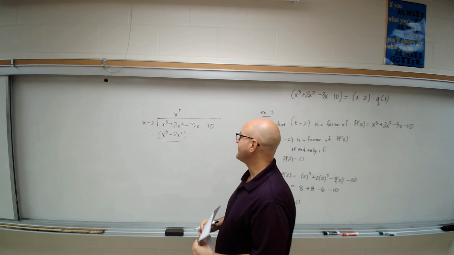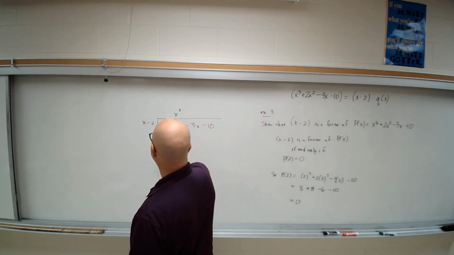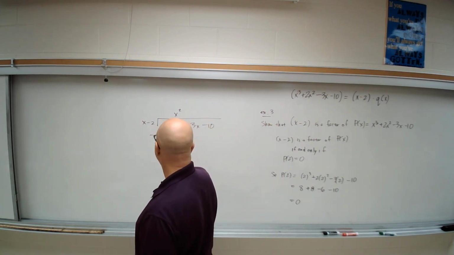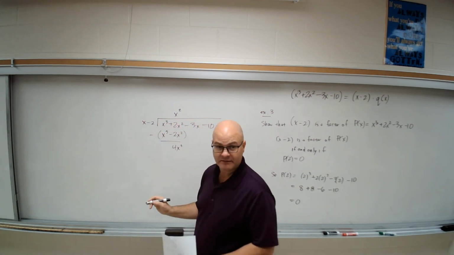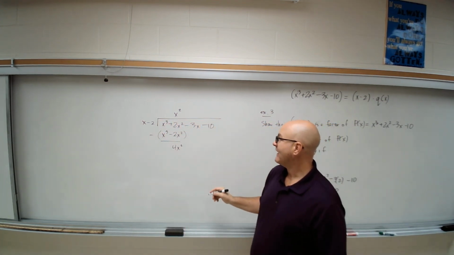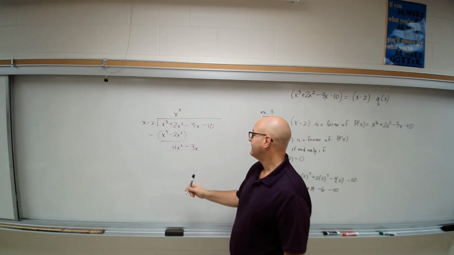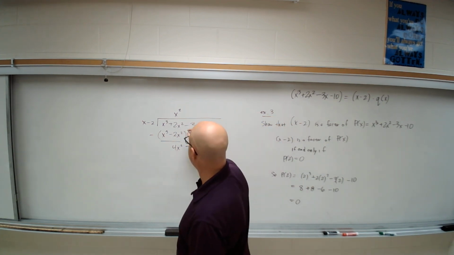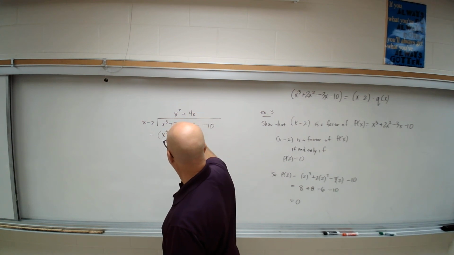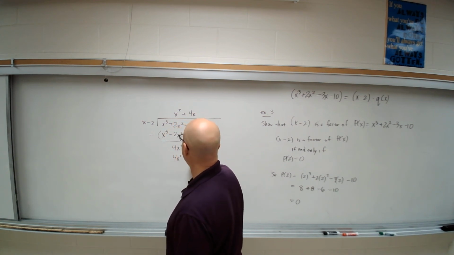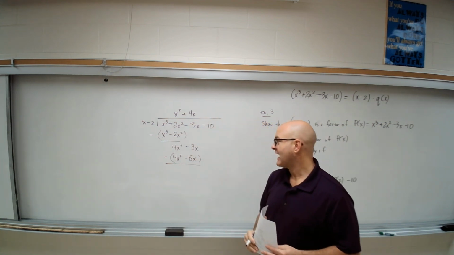So x cubed minus x cubed cancels. 2x squared minus negative 2x squared is 4x squared. Bring down the negative 3x. Then I'll need a 4x up here, so 4x squared minus 8x. We'll subtract that out.